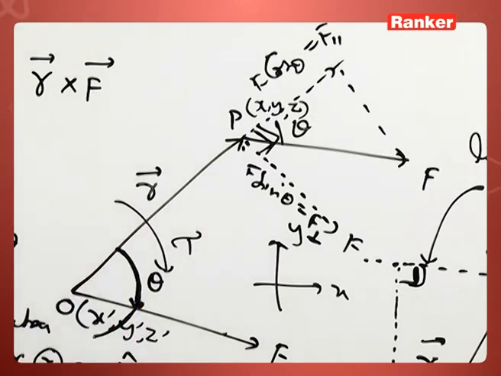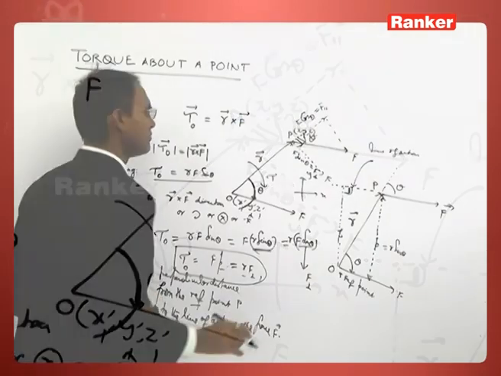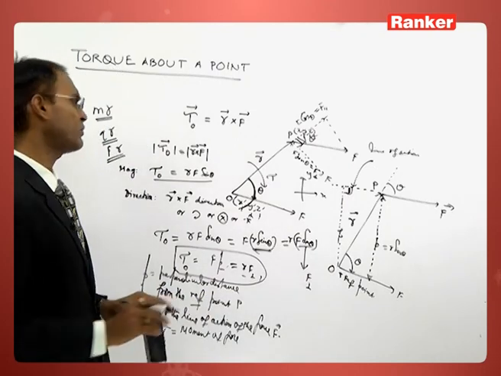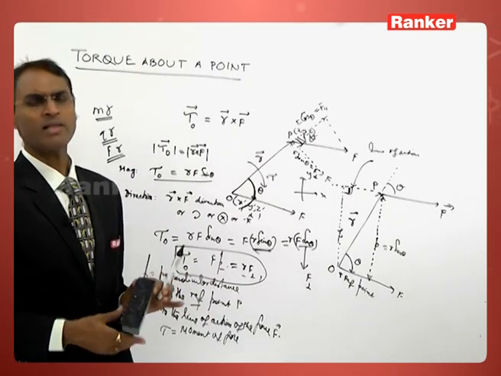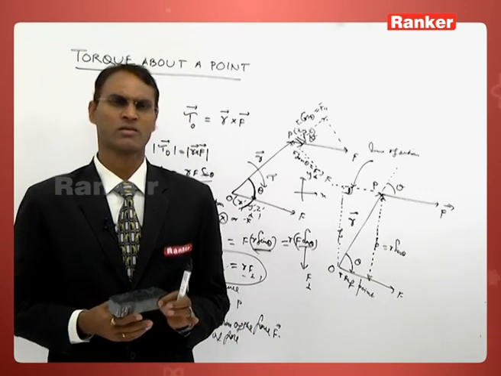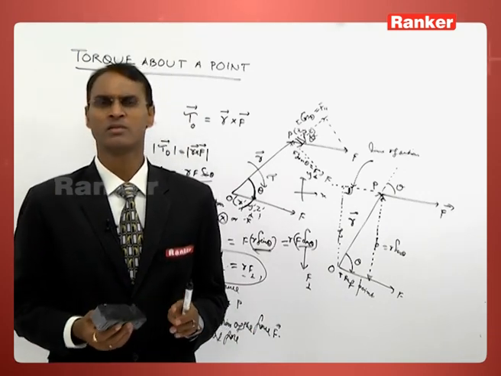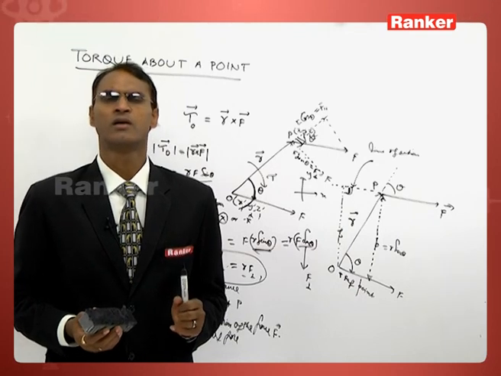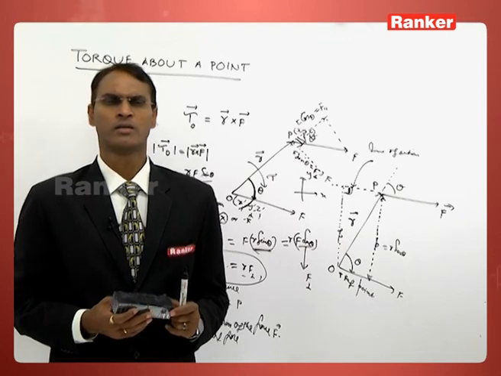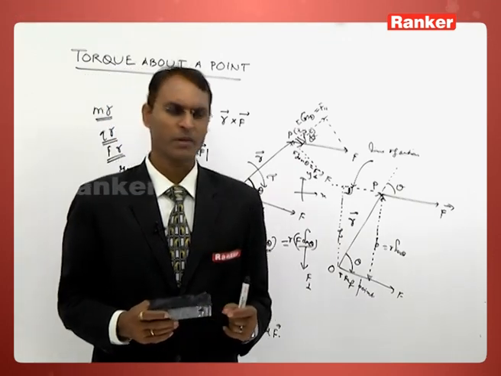Or you can call it x1, y1, z1, and x2, y2, z2. This force has three components. In this way, by the determinant method, we can get three components of the torque, and each component can be called the projection or the component of the torque along three mutually perpendicular axes.